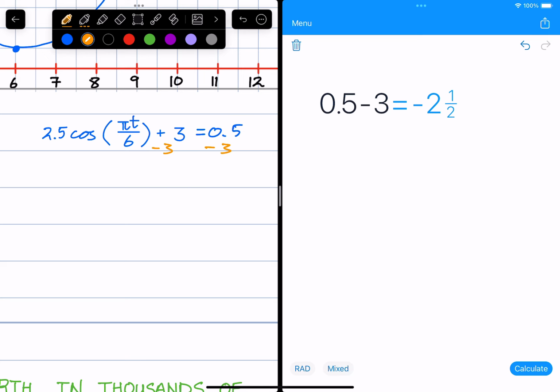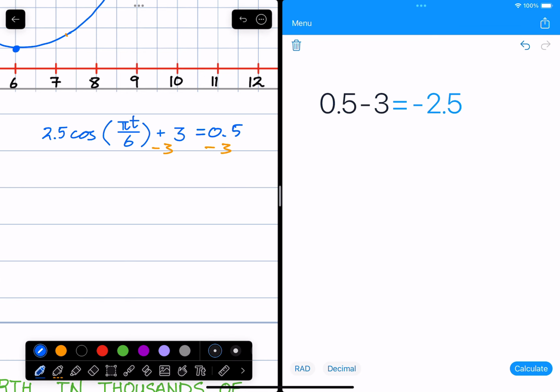So negative 2.5. This gives us negative 2.5 equals 2.5 cos pi t on 6, and then we divide by 2.5 to get cosine pi t on 6 equals negative 1.